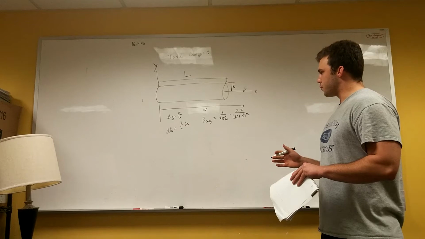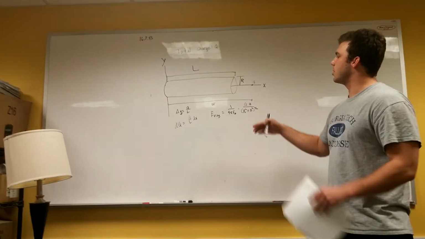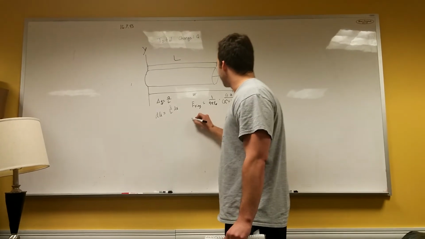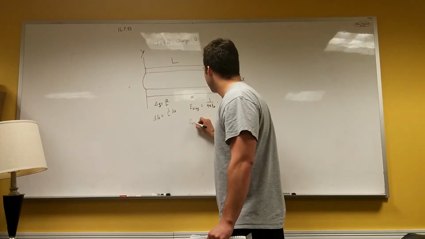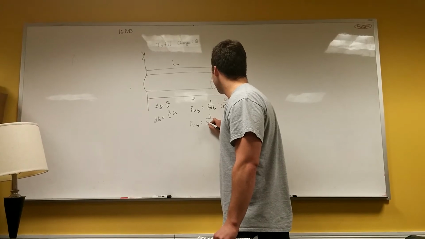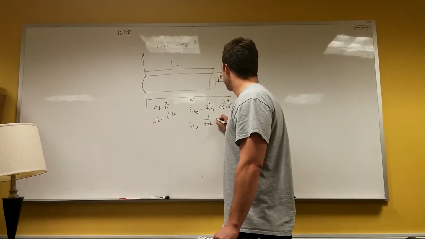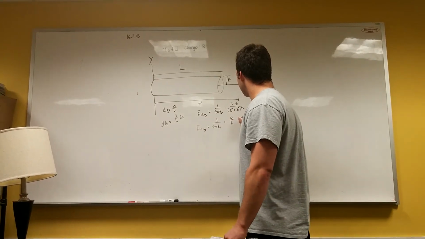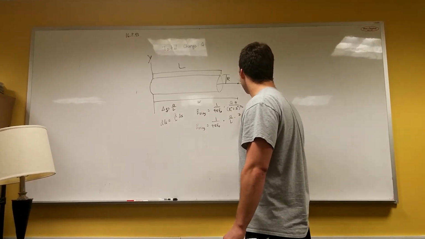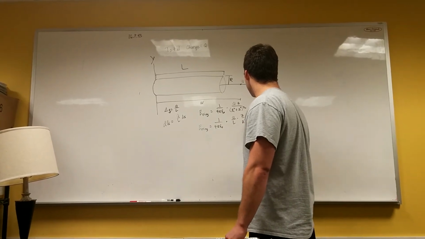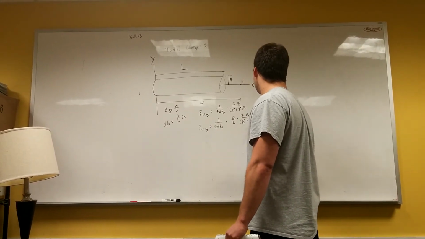So the first thing we're going to do is replace the charge Q with the charge per unit length of the ring. So let's say E ring is equal to 1 over 4 pi epsilon naught times Q over L times Z dx over R squared plus Z squared to the 3/2.